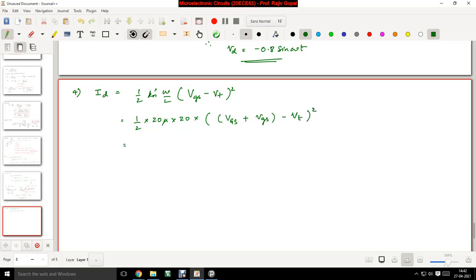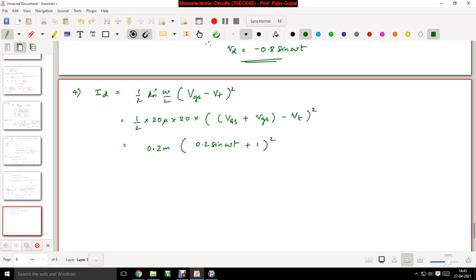So this will be 0.2 milli into capital VGS is 2 volts. So 2 minus 1 is 1. And small vgs I can write as 0.2 sin omega t, it is already given, plus 1 whole square.